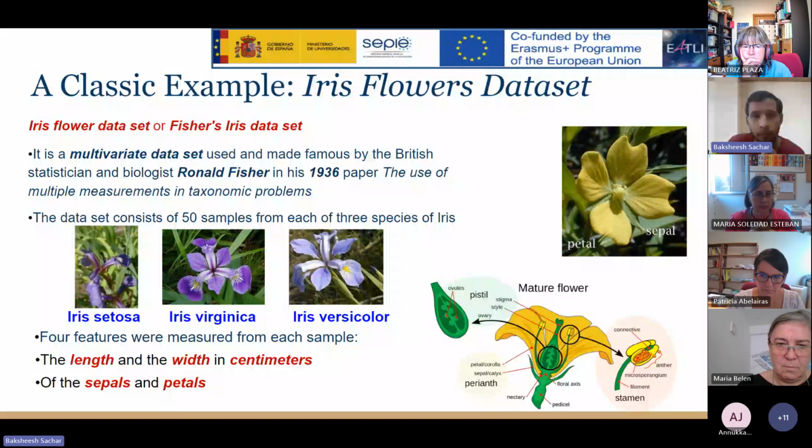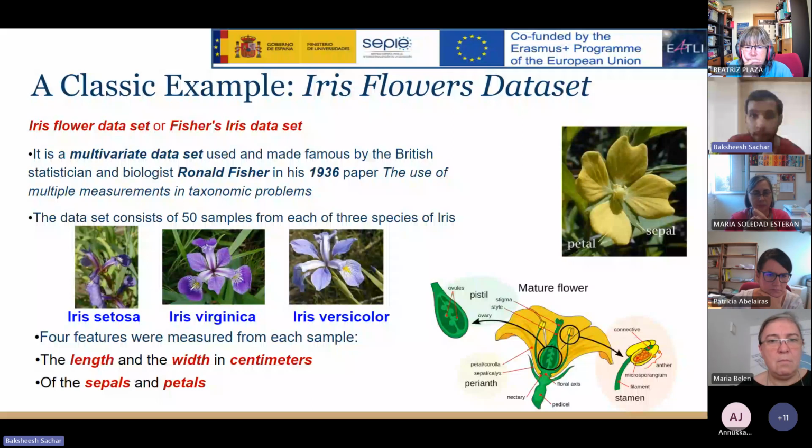Ronald Fisher, a biologist, worked on how a multivariate data set is used for measurements in taxonomic problems. He gathered data on the length and width in centimeters of sepals and petals of a particular flower, the iris flower.